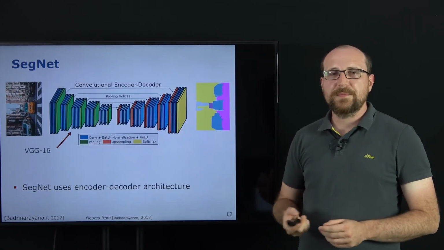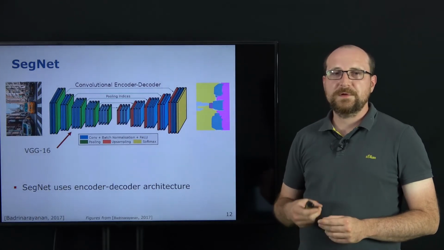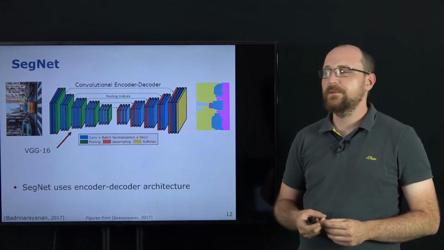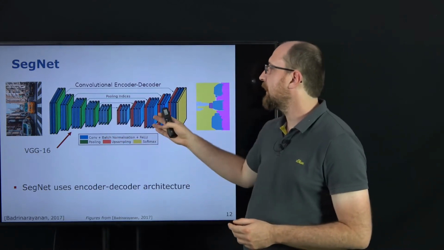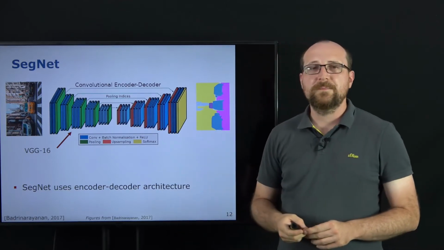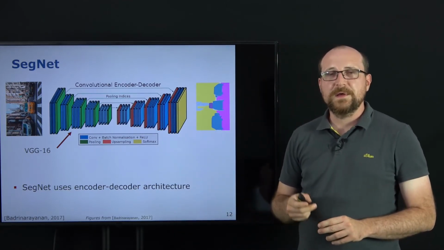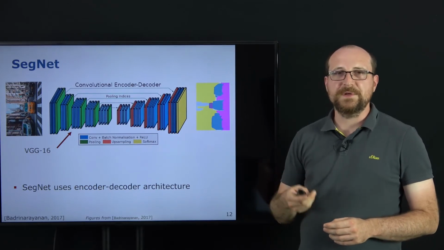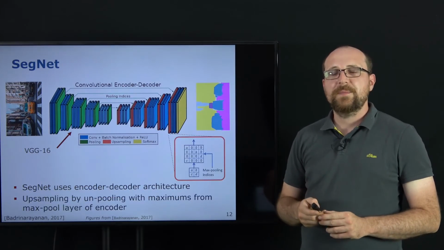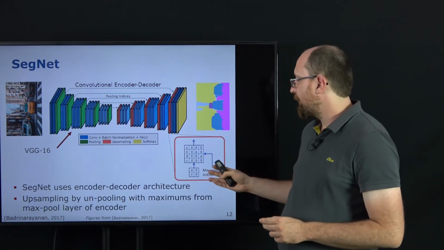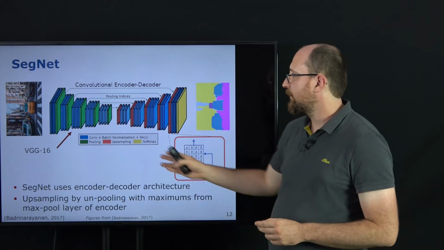And this skip connection idea was then also followed by other approaches. In this case, from SegNet, we have again our encoder-decoder architecture. But now the skip connections are not taking the feature maps from the encoder into account, but use the max pooling indices, which are happening here.